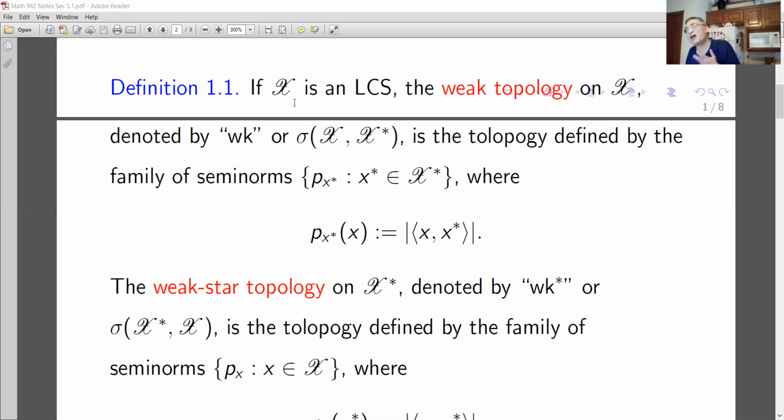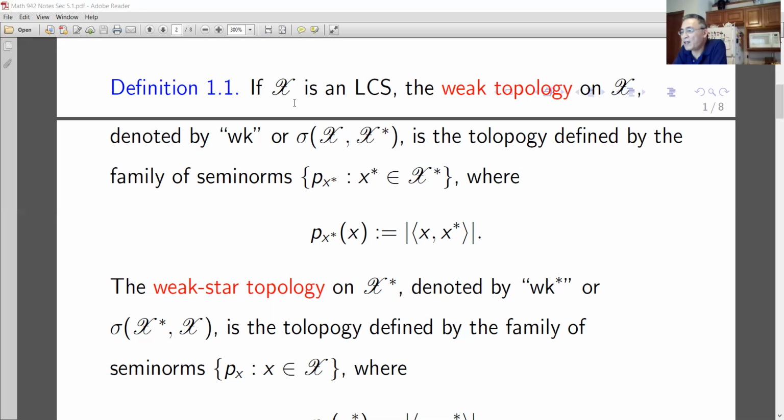But for X star, in general, we don't have a fixed topology. The weak star topology is a topology on X star, so we don't have an original topology on X star.